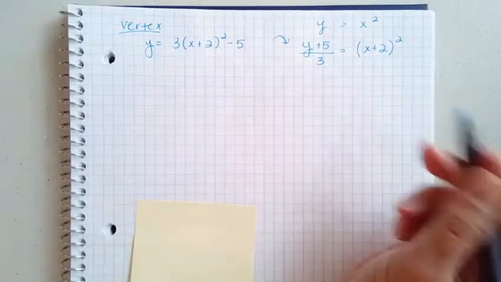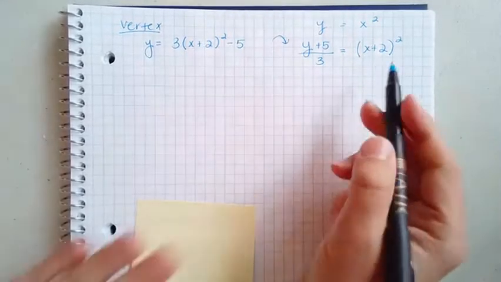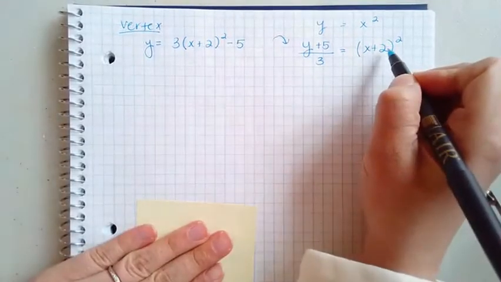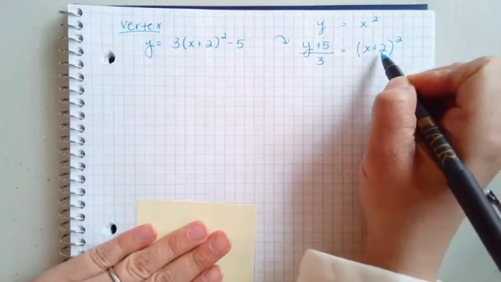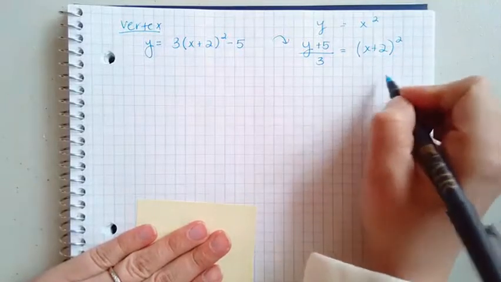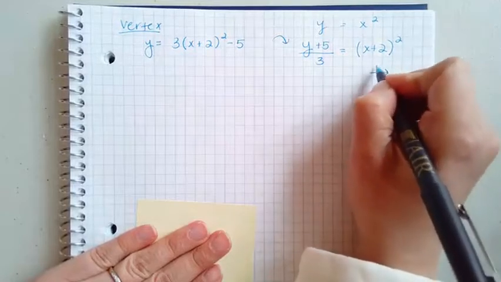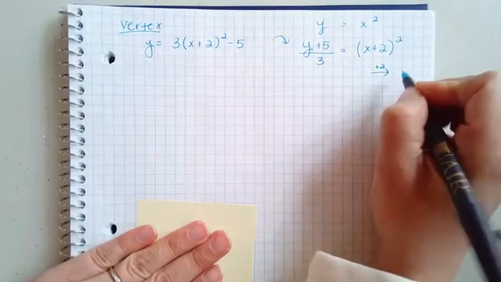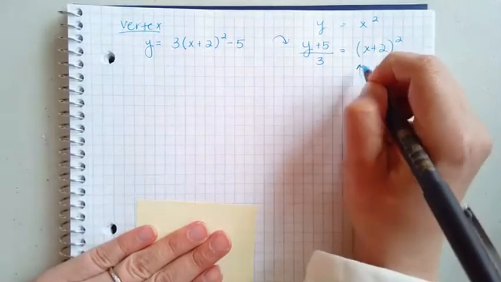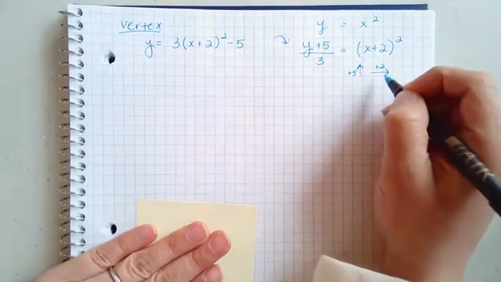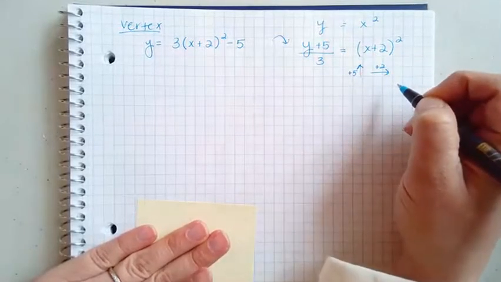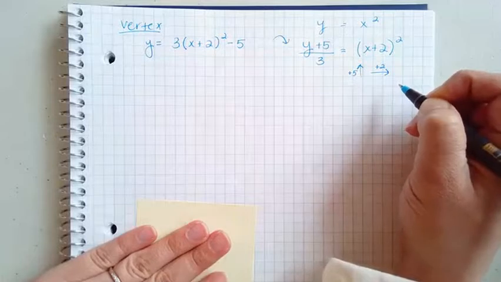So if we were to think of where's the vertex, well, remember, it's all about how you get back home, right? So what this means is we moved right 2 to get back home, and we moved up 5 to get back home. Okay, so we have to undo those to get to where the vertex was, to, like, I guess you would say, get away from home, right?